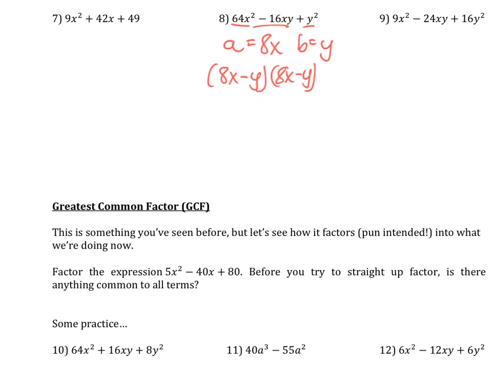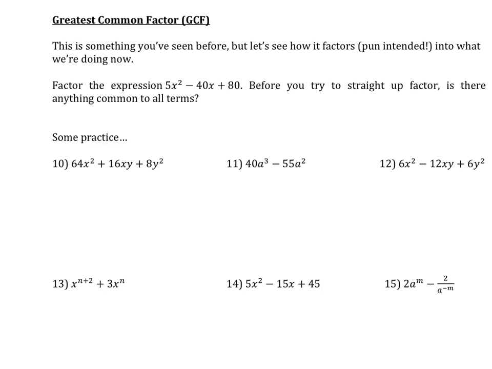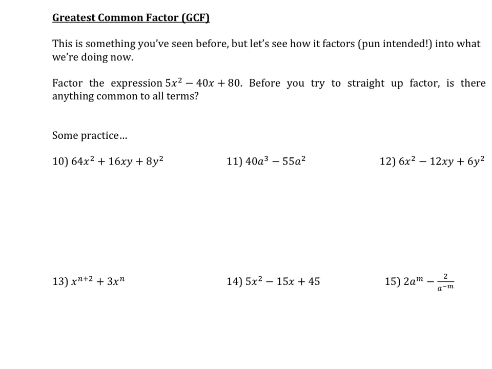So if we scroll down a little bit, let's look at a couple others that look a little bit different, but in reality are very simple. Imagine I were to ask you to factor the expression 5x squared minus 40x plus 80. I don't see any perfect squares in the 5x squared or in the 80, but I do see that I'm able to factor out 5. So I ask the question, is there anything common to all terms?